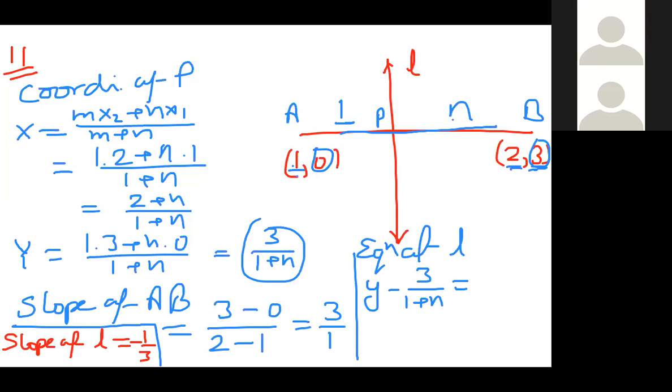So the slope will be minus 1 upon 3, into (x minus x1). x minus x1 will have the value (n plus 2) upon (n plus 1). So this will be the answer to the question.